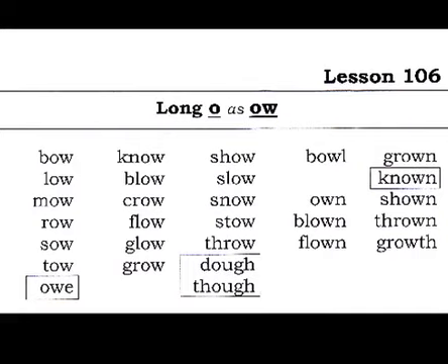In the word dough, which is the dough that you need when you're making bread, and sometimes money is called dough, D-O-U-G-H, those 4 letters, O-U-G-H, stand for long O. And though is also the same, with T-H-O-U-G-H.